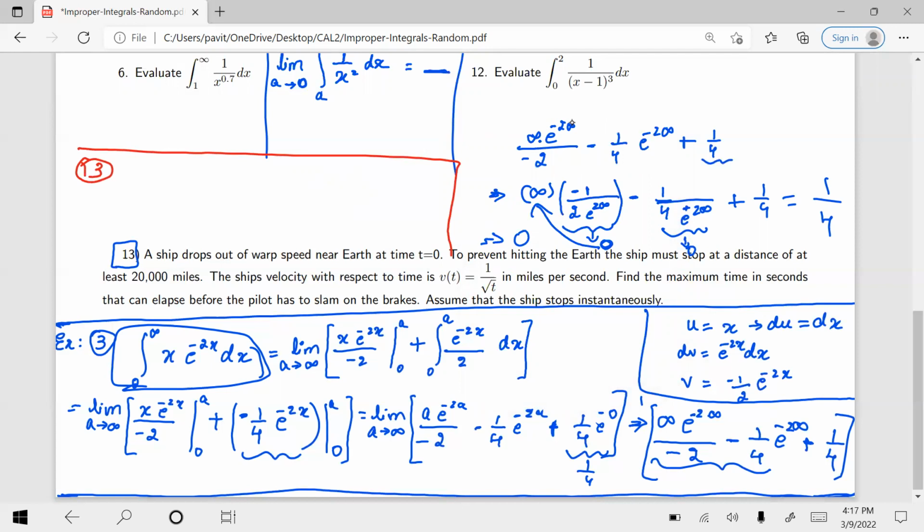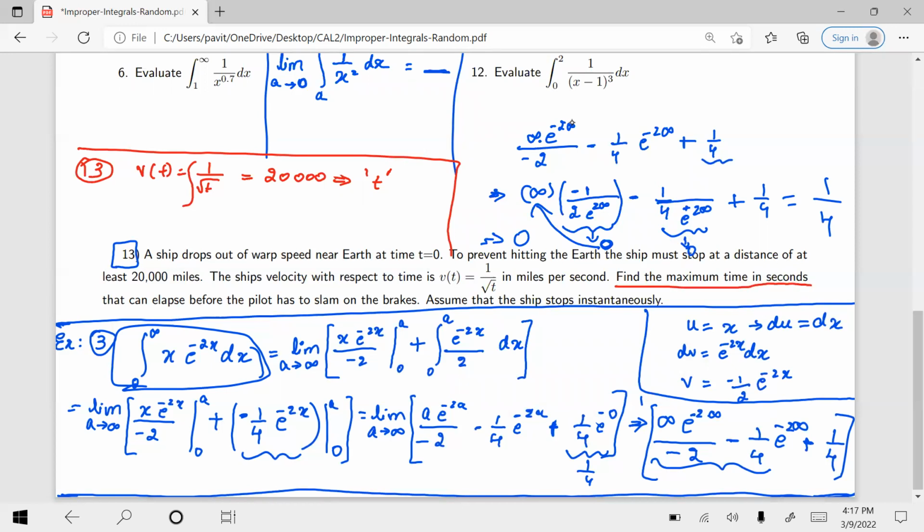Now, for question number 13, all you are doing is integrating v of t equal to 1 over square root of t, right? So you're going to integrate this function and equate it to 20,000 and solve for t. You have to tell me what is the value of maximum time. That is what you're going to find out.